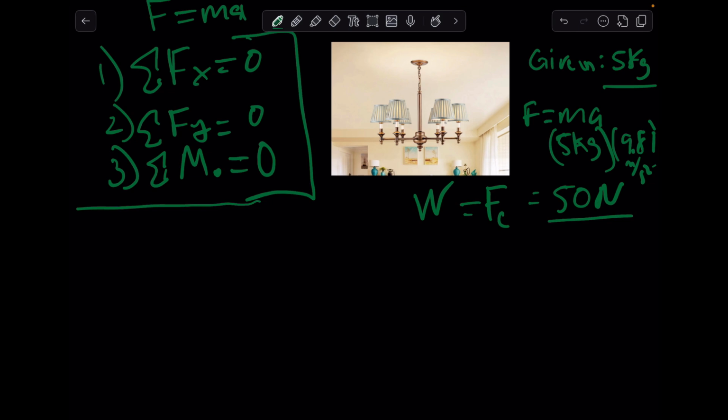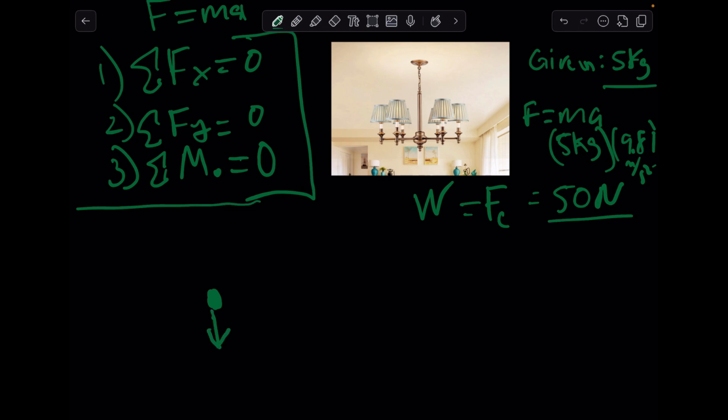Now let's draw a little free body diagram. This right here will be our chandelier. We can even simplify it more and just represent it with an actual particle, like a little dot like this. This represents our chandelier, and now we're going to add the external force from the gravity of the earth.